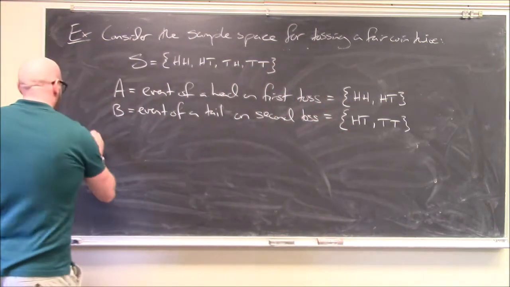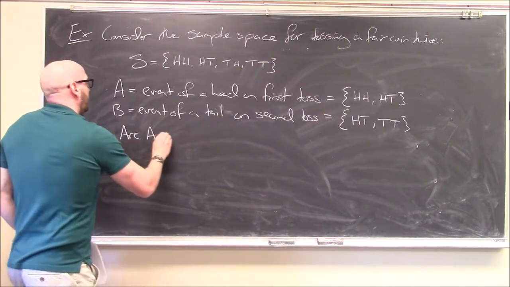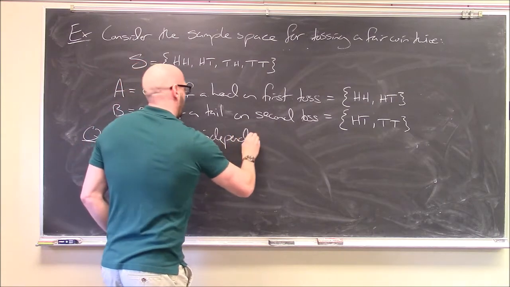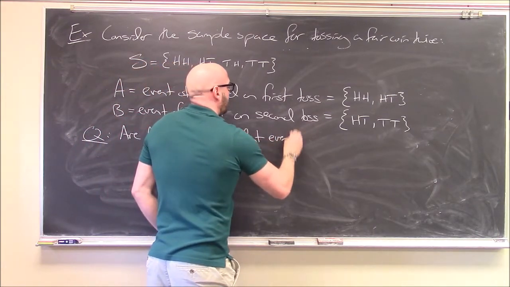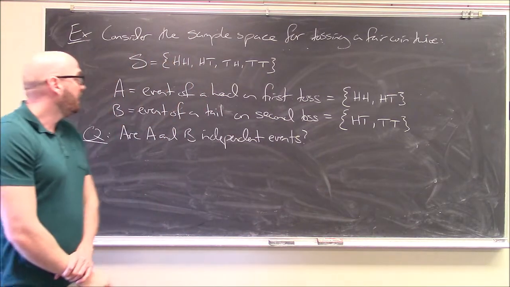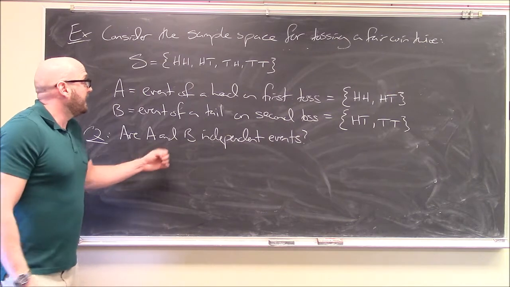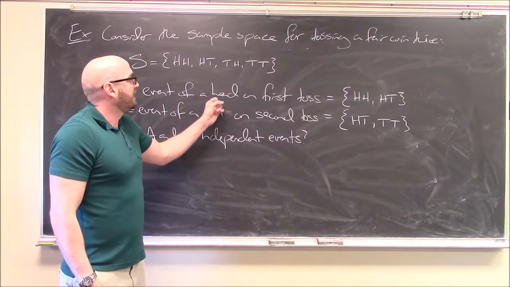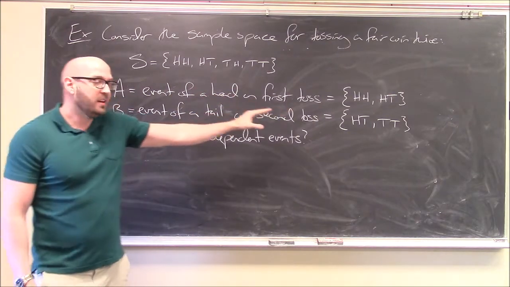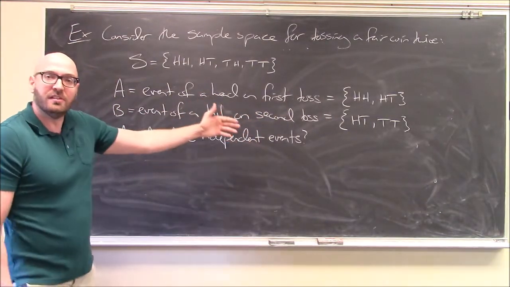And the question is, are events A and B independent events? In other words, this is asking intuitively, does the event of tossing a head on the first toss affect the probability of tossing a tail on the second toss?